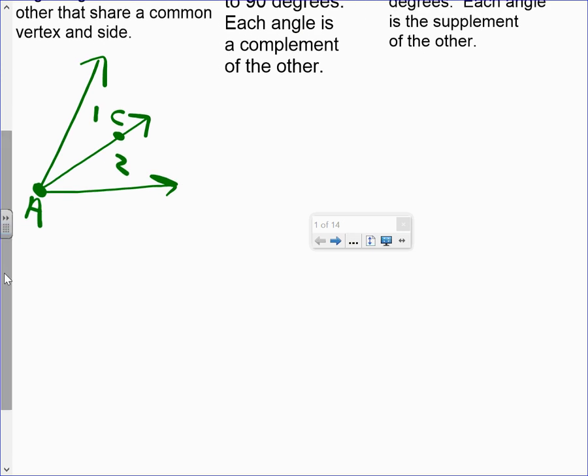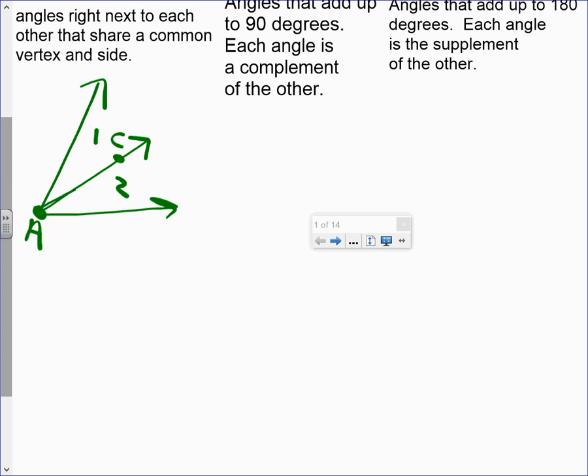They're right next to each other. Obviously, angle 1 and angle 2 are right next to each other. They share a common vertex, which is point A, notice. And they share a common side. The ray AC, notice this ray, they share it. So go write angle 1 and angle 2 are adjacent.